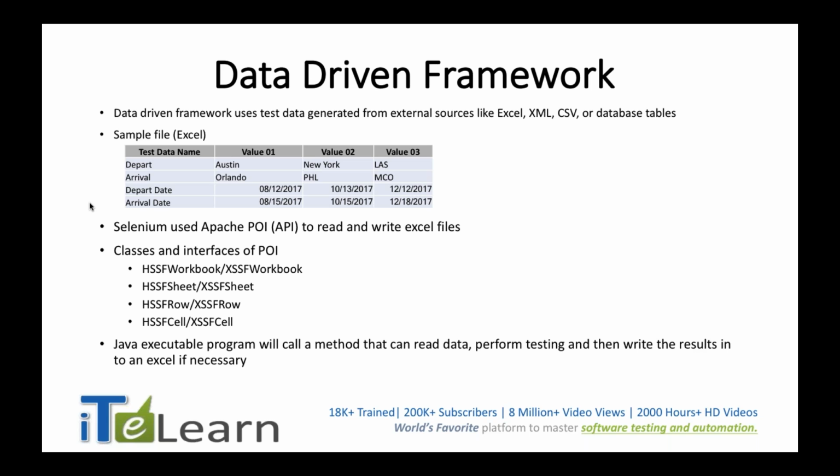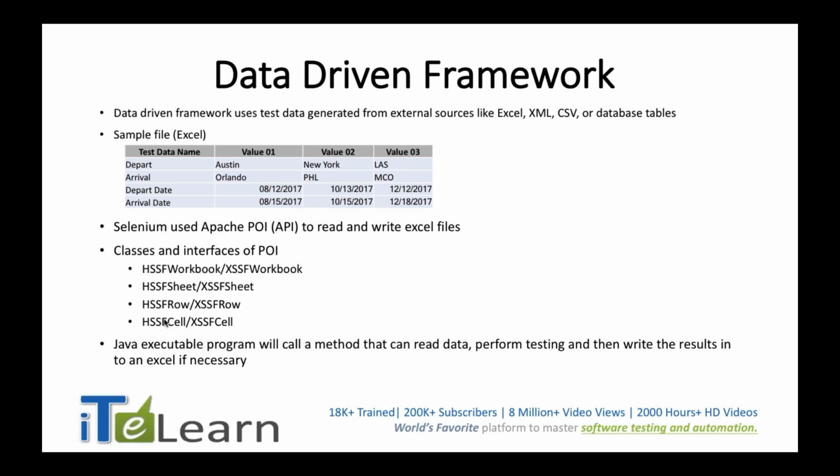How Selenium does it is, Selenium uses something called Apache POI. It's an API to read and write Excel files. I'm showing you an example for Excel. We have to import the jar files related to this particular API and add them to our Selenium project, and then we can use interfaces to read and write data.